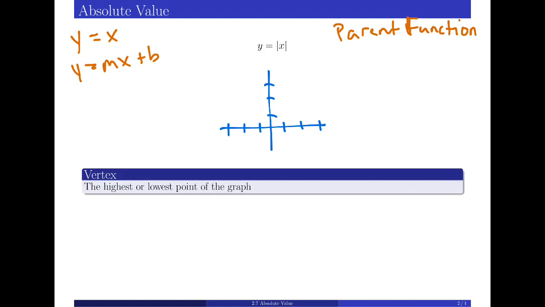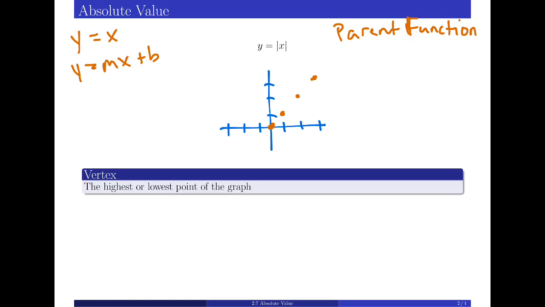So we'll just do a real quick plot of this. It should be pretty simple. If we plug in 0 for x, the absolute value of 0 is 0, right? If I plug in 1, the absolute value of 1 is 1, so we have the point (1, 1). Absolute value of 2 is 2, so we'd have the point (2, 2). Absolute value of 3 is 3, so we would have the point (3, 3).